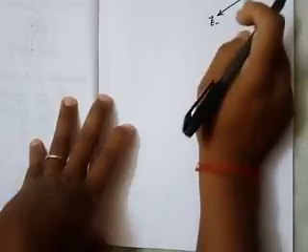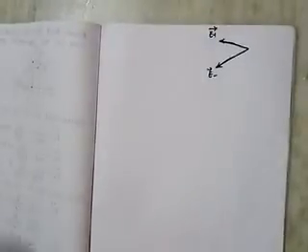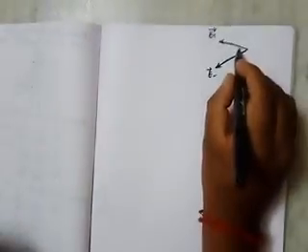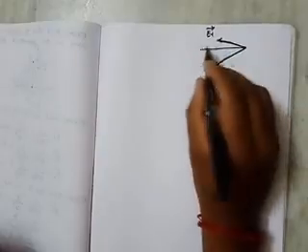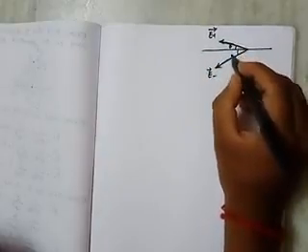This is the E plus vector, this is the E minus vector, acting along BC and along CA. Okay students, from the diagram, the E plus vector and the E minus vector are acting in different directions. Note that this is a horizontal line, and with the horizontal line it is making the angle theta.